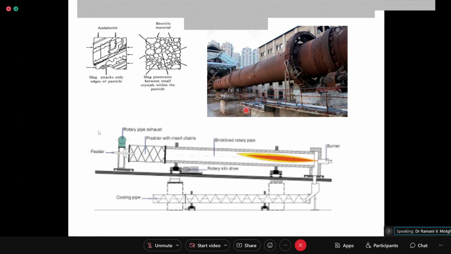Inside, some charge is burning, and from the upper end the charge is put in and the whole thing trickles down, and the microscopic constituents are formed. From this end you get the clinkers, which come down here and are collected, pulverized, mixed with gypsum, and packed as cement in the cement manufacturing industries.